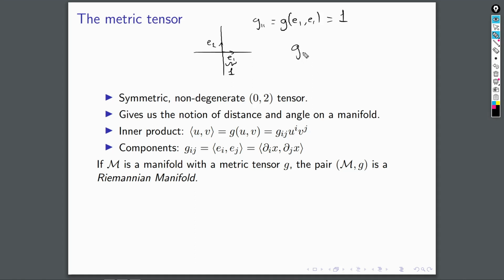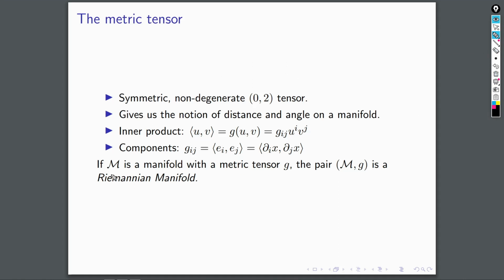And it also should tell us that G12, which is equal to G21, better be 0, because we know that the inner product of e2 and e1 is 0, because these guys are perpendicular, just from physical intuition. So whatever way we choose our metric, it better give us these two, and that's actually enough to pin it down uniquely.